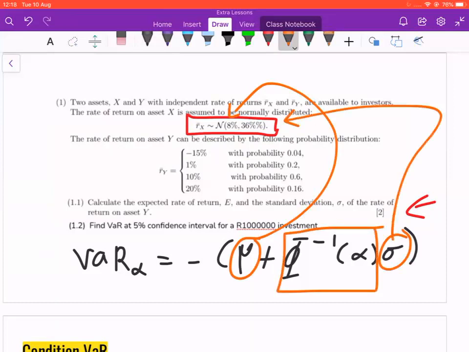So can you simply go to your table? I think it has to be negative 1,645, but I'm not sure, I'll have to check. Please confirm if the z-score is going to be negative 1,65.